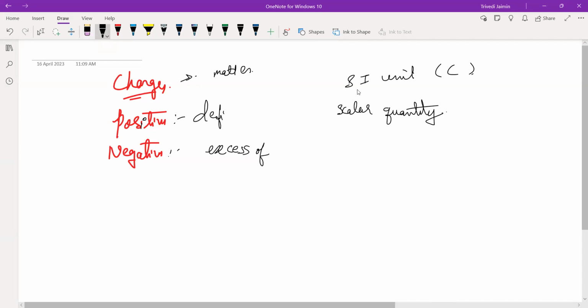So charge, we can define it as what? What is charge? Can you define what a charge is? Just not the textbook definition, just a simple one line.